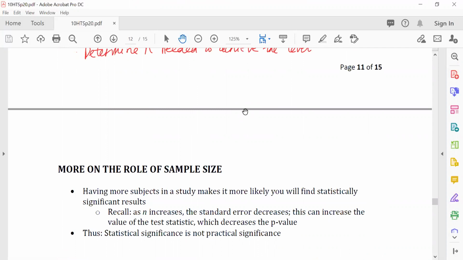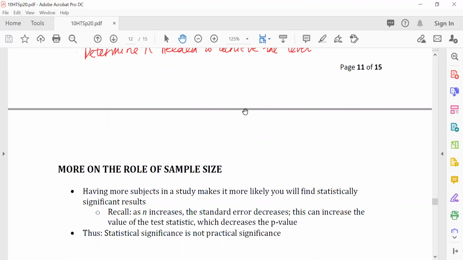Recall that we mentioned in the video when we talked about power, when we increase sample size n, the standard error will decrease, and that will increase the value of the test statistic. When the value of the test statistic gets bigger, your p-value will get smaller. And the rule of thumb is when the p-value is less than alpha, then we reject H-naught.